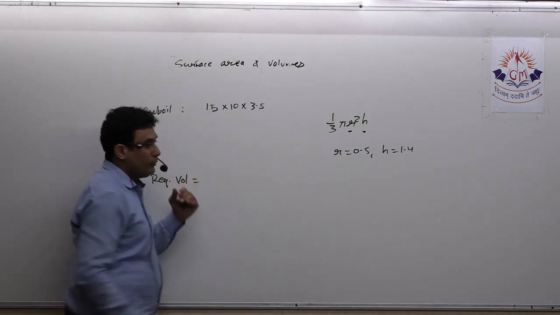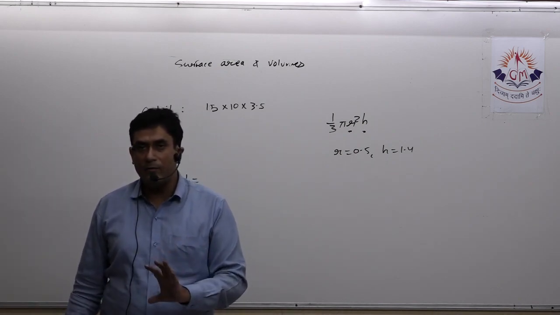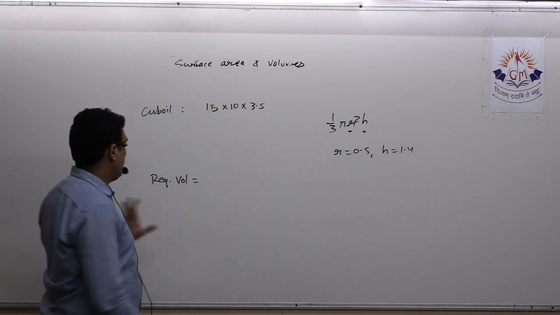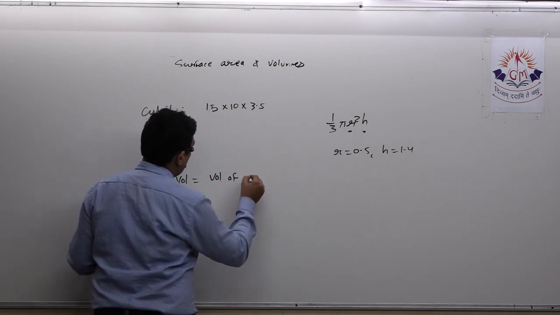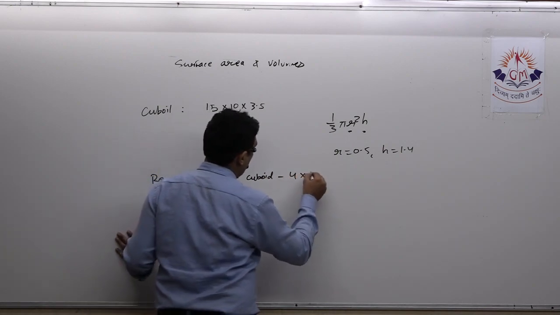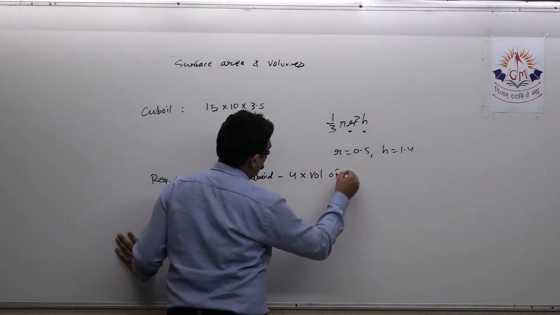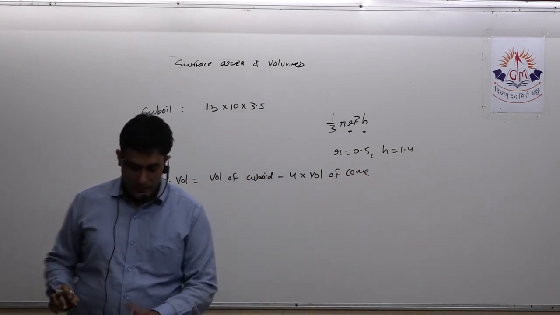I told you, to get the volume of a combination, either you have to add the volumes or subtract the volumes. So required volume is equal to volume of cuboid minus 4 into volume of cone, because 4 such depressions have been made.